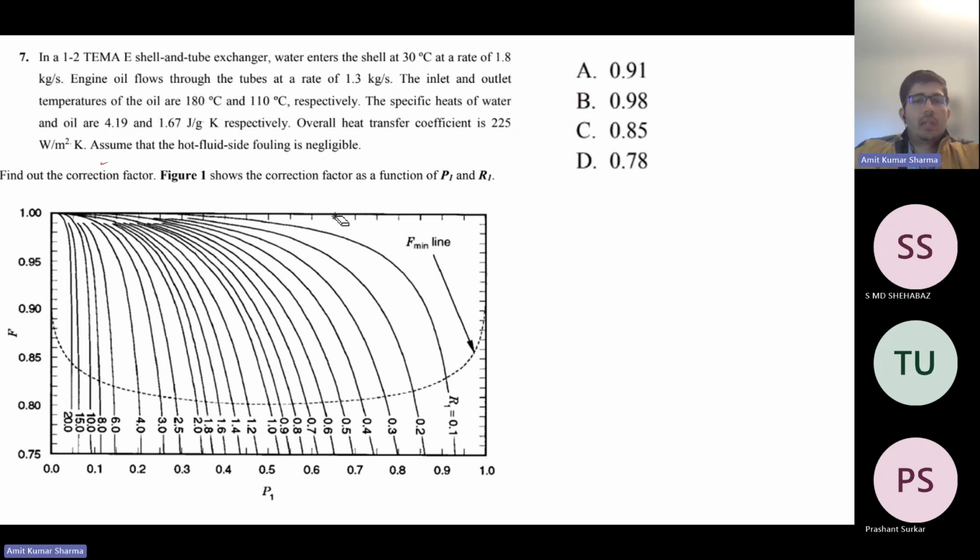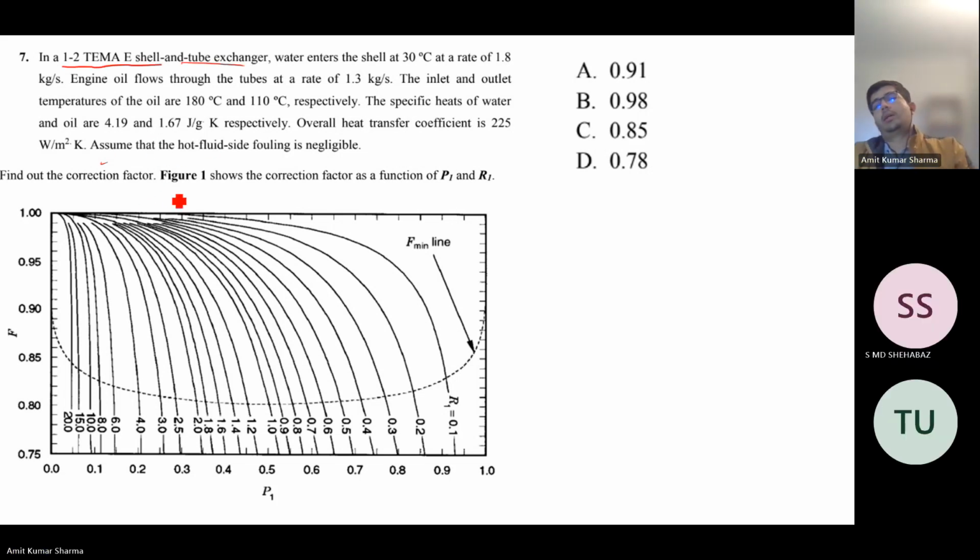You can write which type of heat exchanger it is. It is mentioned 1, 2, TEMA, E, shell and tube exchanger. So take a quick look to note down the required data that can be useful to calculate the NTU.